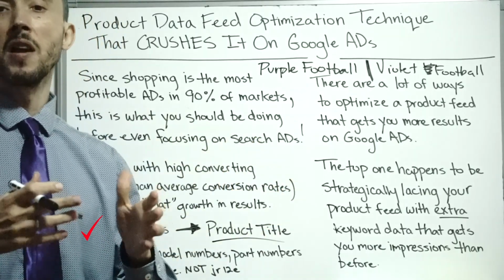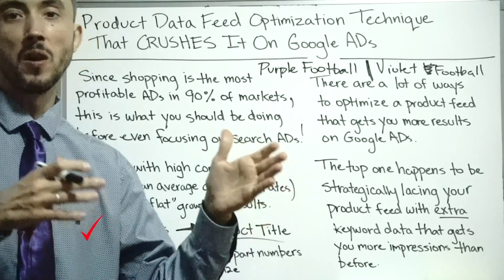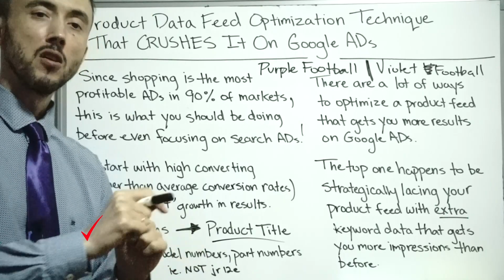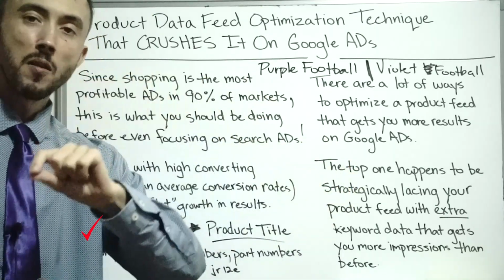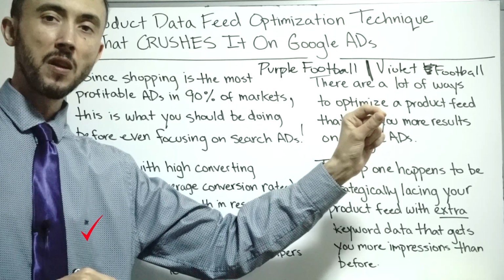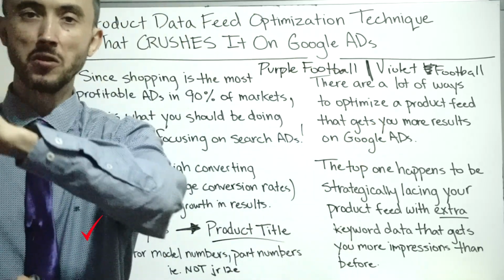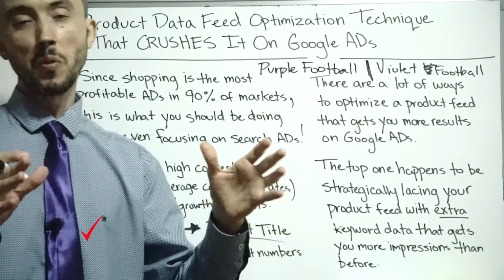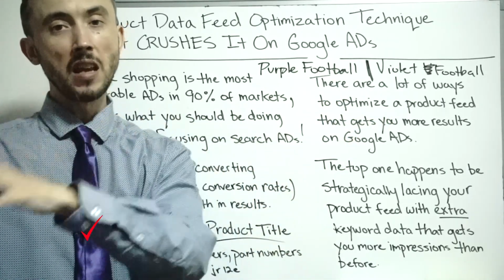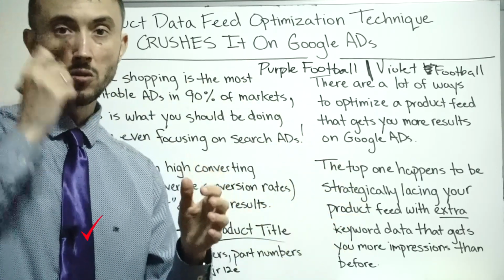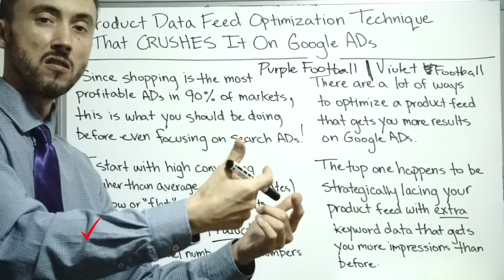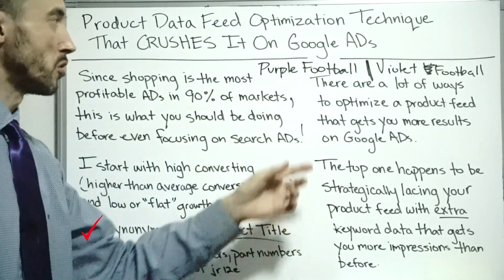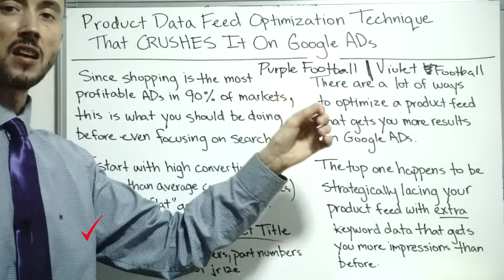But if you don't want the product title on your shopping ad to be what you have as a product title on your site, you can use the secondary product feed to override what was automatically sent through your primary product feed. So everything from your primary way of getting data from your site to Google Merchant Center is used, except for the title, which you override with a new title that you come up with in this secondary product feed.